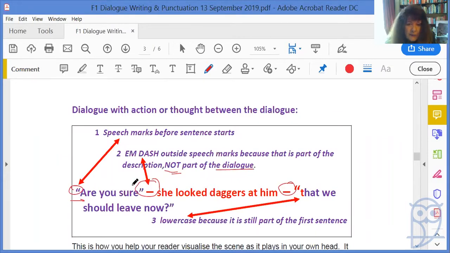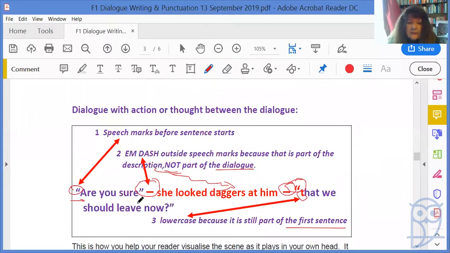Close inverted commas. Dash. She looked daggers at him. So he's in trouble by the sounds of it. And then another M dash, because again, as we said, that is the description, not the dialogue. She continues her sentence, "that", small letter, because it's still part of the first sentence. "Are you sure?" She looked daggers at him, "that we should leave now."